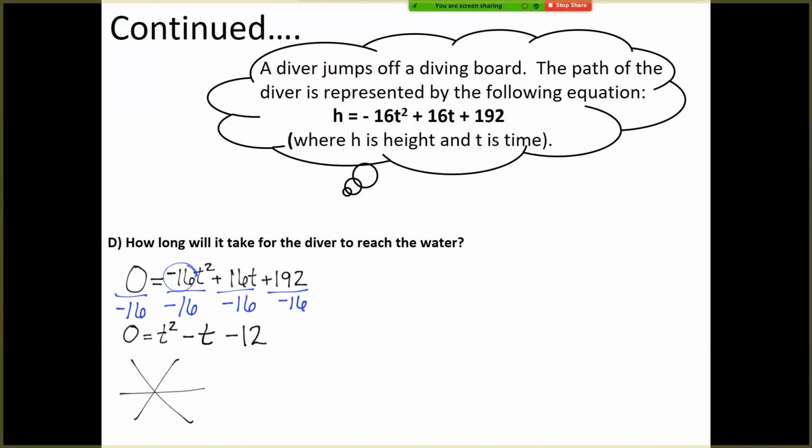So now we're going to factor using our asterisks. We have 1 top left, top right, negative 1 in the bottom middle, and 1 times negative 12 in the top middle. Now we're on a mission to find 2 numbers that multiply to give us negative 12 and add to give us negative 1.